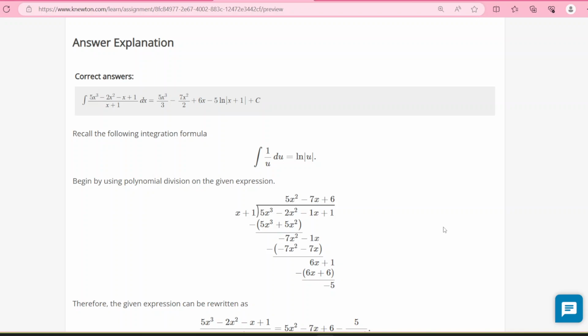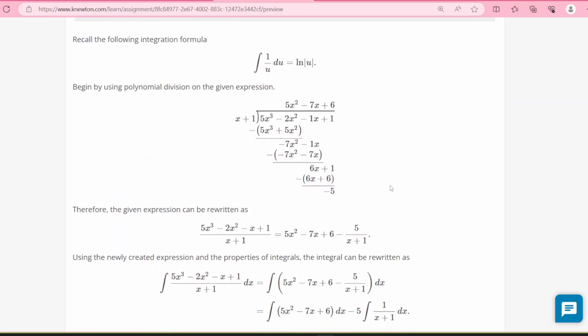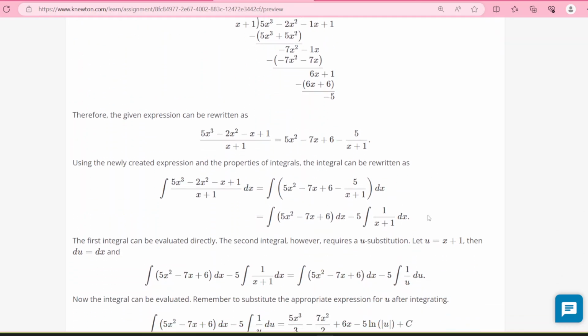Now, of course, if you got it wrong, definitely read through the answer explanation and see if you can figure out where you went wrong, why you were wrong. Or maybe you could catch a mistake and send them some feedback.